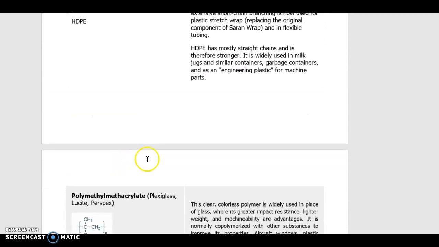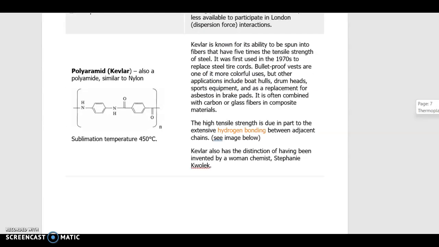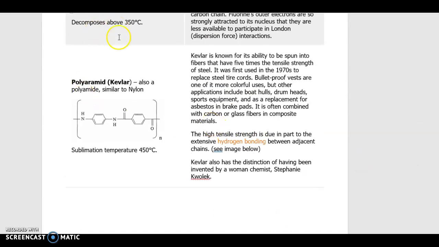Meanwhile, we can go down here to things like Kevlar. The reason Kevlar is so tough is hydrogen bonding. See how Kevlar is similar to nylon. It has O's and it has these NHs. But what's different is it has these benzene rings. Benzene rings are flat and they're rigid. You can't flex them around like a chain. So you have this more rigid polymer to begin with, less flexible.